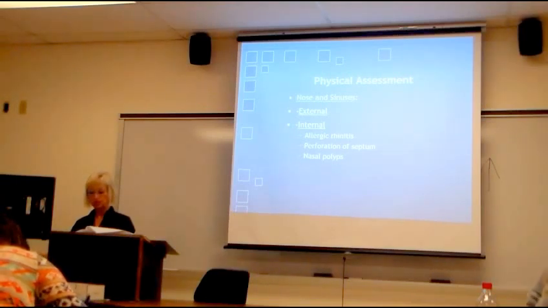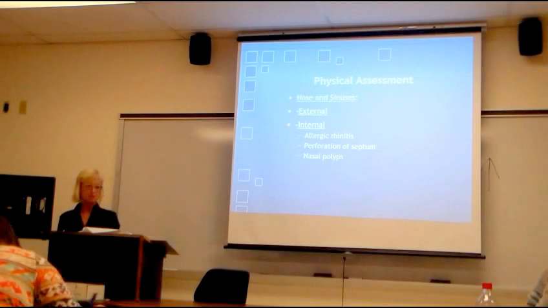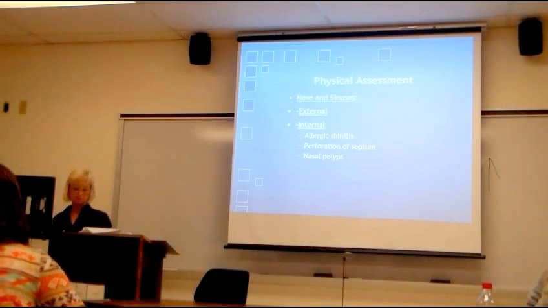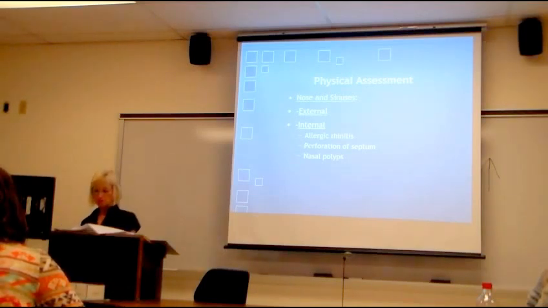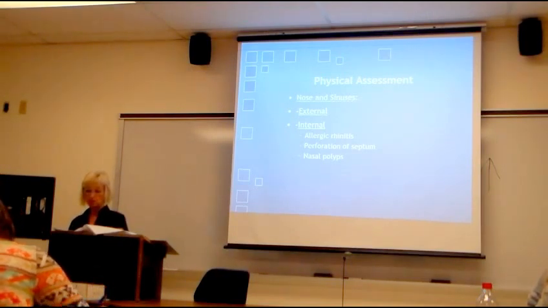When you look internally at the nostrils, look at the color, look for swelling and drainage, and any type of bleeding. The membranes of the nose are usually redder than the oral mucosa is. Okay, if they have allergic rhinitis, it would probably be a pale type of mucosa, bluish gray.